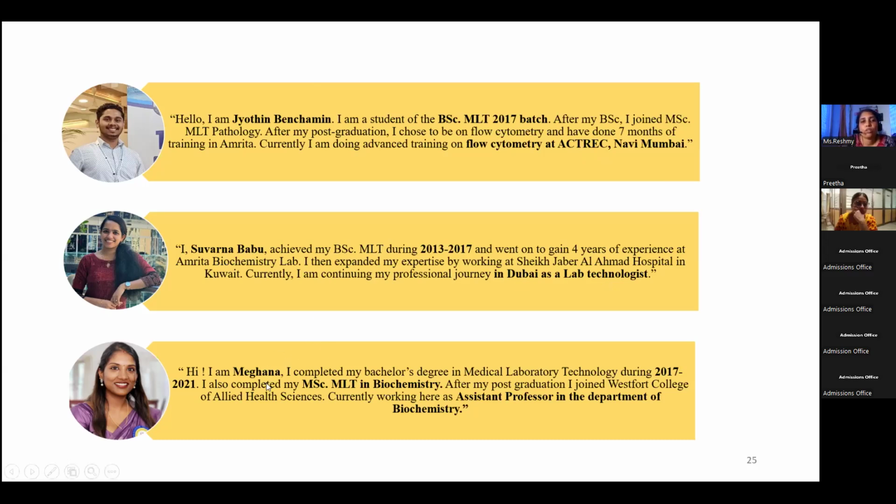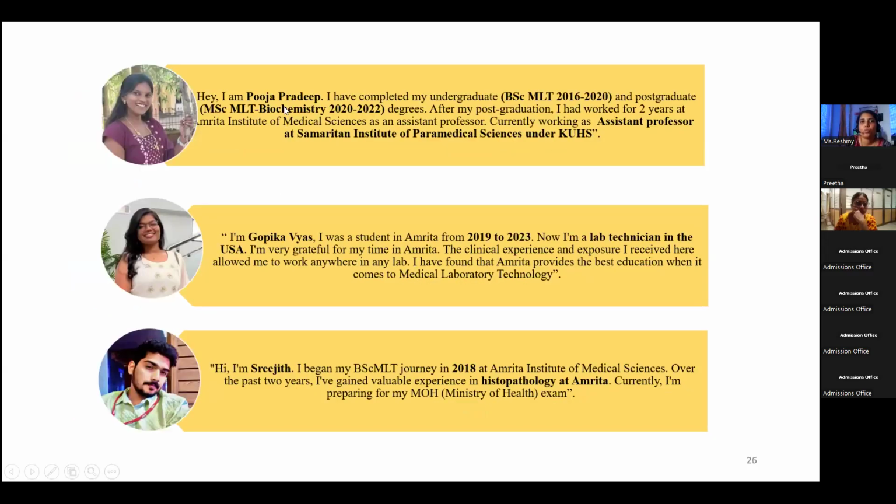Meghna was also a student here. She is working currently as an assistant professor. For becoming an assistant professor, or getting a teaching profession, you have to do your post graduation. So she did the MSc also from here, Amrita itself. Now she is working as assistant professor in the Department of Biochemistry. Then Pooja. Pooja also did her B.Sc and MSc here.